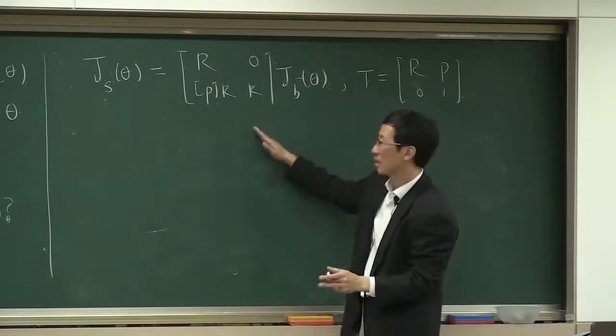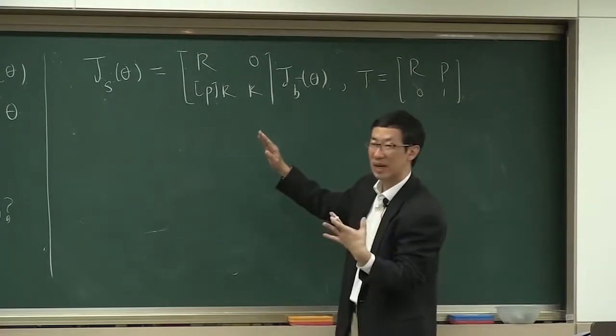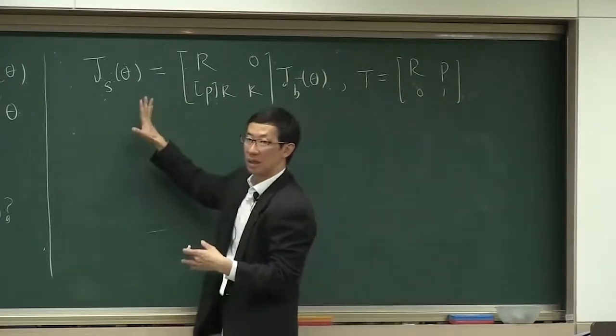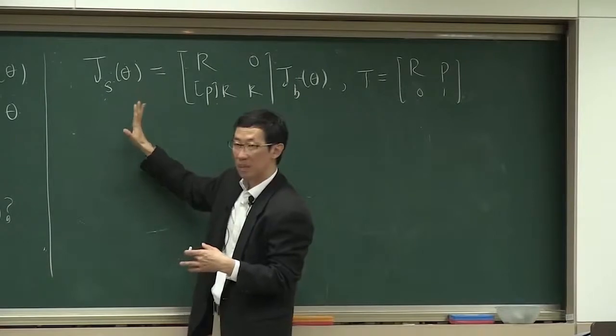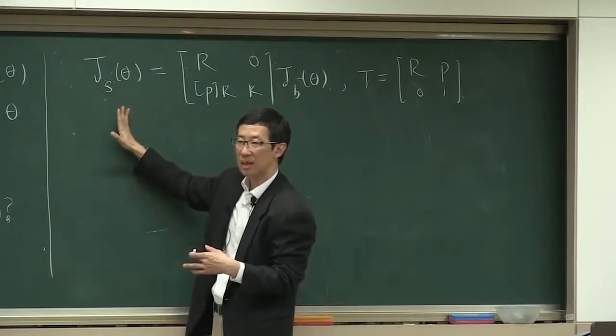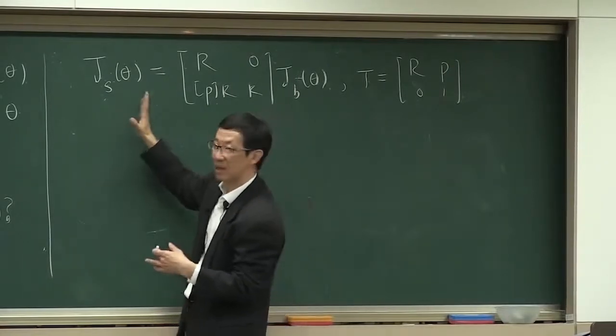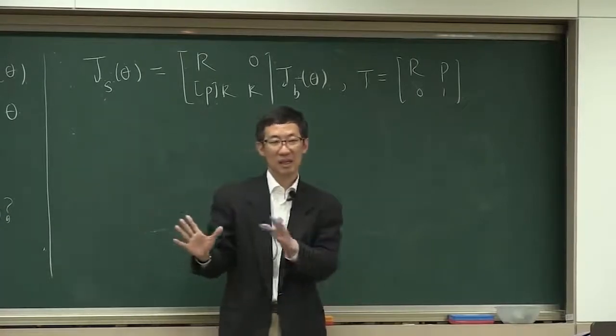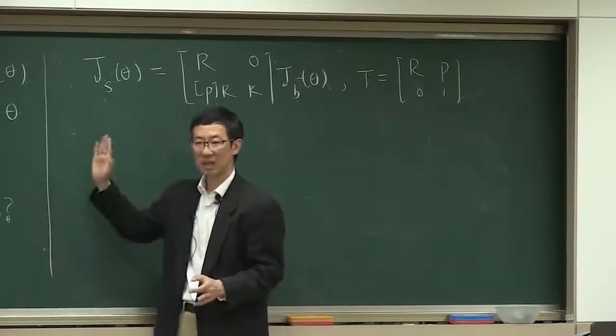So we can write it this way. The question we want to ask is, what's the rank of J sub b? Is it the same as the rank of J sub s? Because if it is, then we can use either J sub b or J sub s.